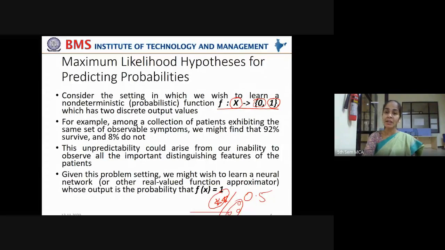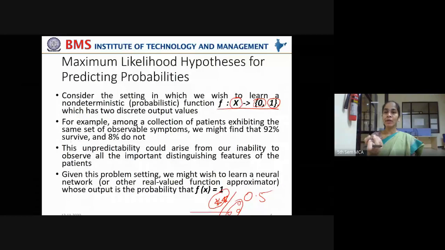It has high chances of falling into that circle class. Did you understand now? In this way, we are applying this idea in the maximum likelihood hypothesis for predicting the probabilities. We predict the probabilities, assign a threshold, and below that threshold you assign to one class, and above that threshold you assign to the other class.